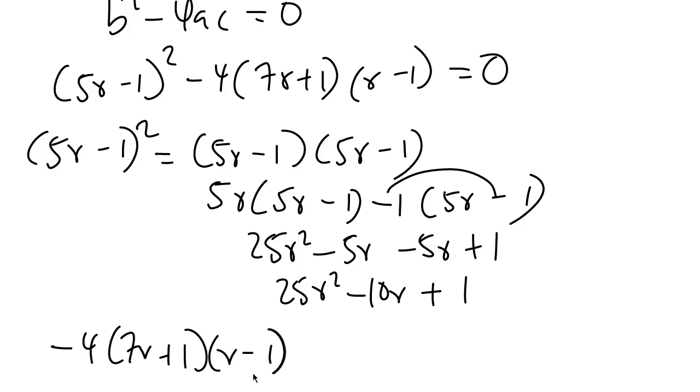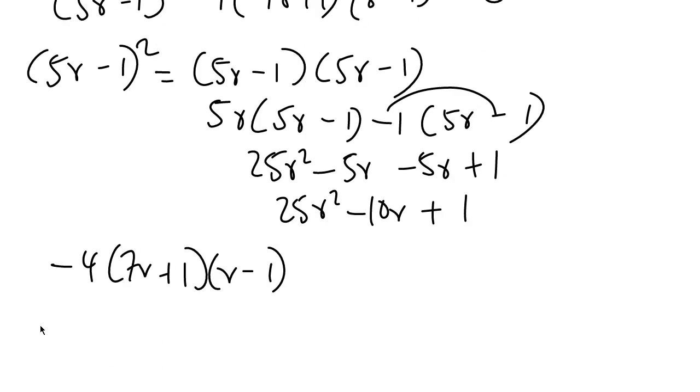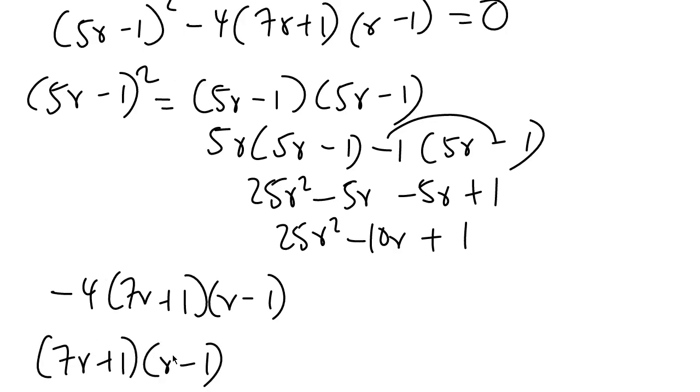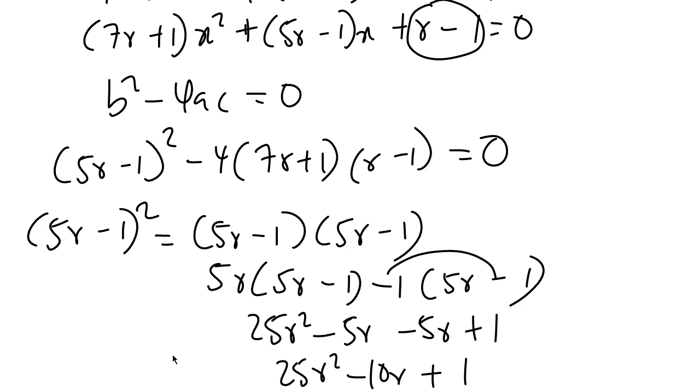Then moving on, remember we still have negative 4 into 7r plus 1 into r minus 1. So let's simplify 7r plus 1 into r minus 1. Do you get what I'm doing? We've expanded 5r minus 1 all squared. Now is to resolve this part.